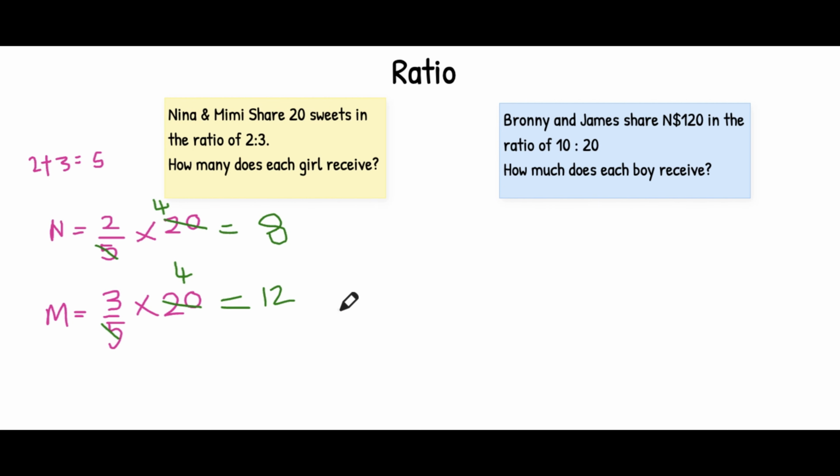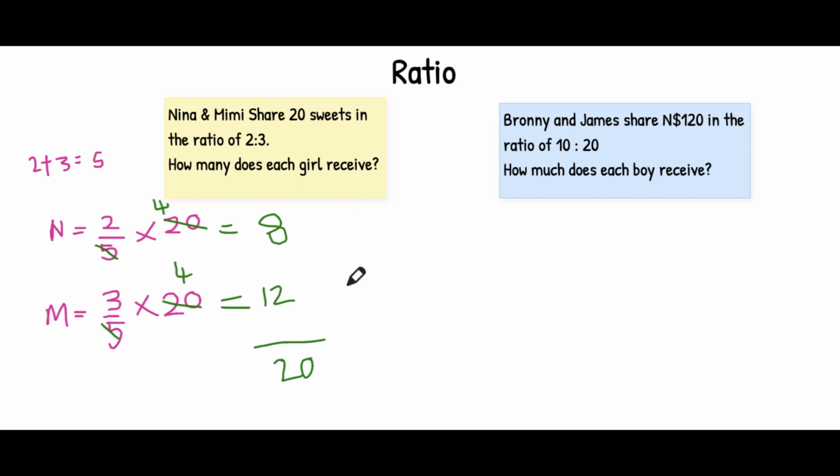So interpreting this ratio, Nina is gonna get 8 sweets and Mimi is gonna get 12 sweets. If we are to test this, 8 plus 12 gives us 20. So the answer is correct. The nice thing with ratio is you can always test whether you're correct.